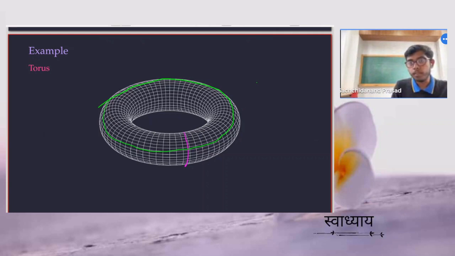So again, how do we write the torus? We can write the torus as the product of two circles. So the torus is basically a product of two circles, so we have a product topology here.